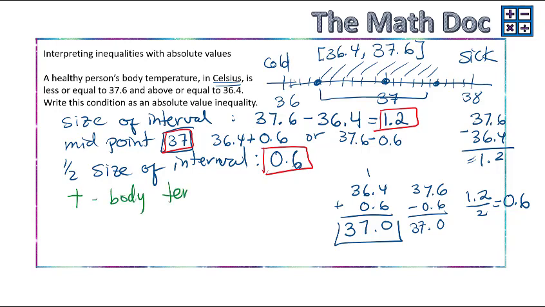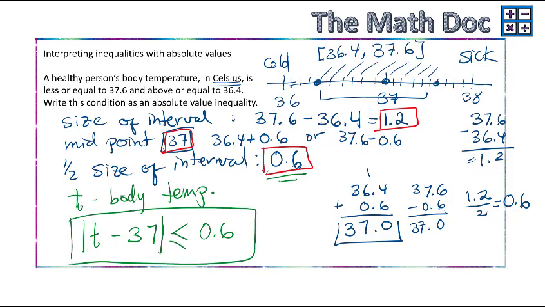That is our variable. So T minus our midpoint, which is 37, absolute value is less or equal to half of our interval, which is 0.6.